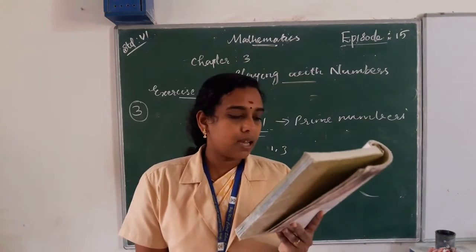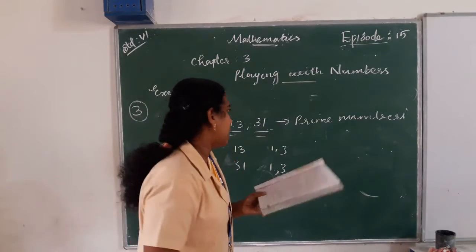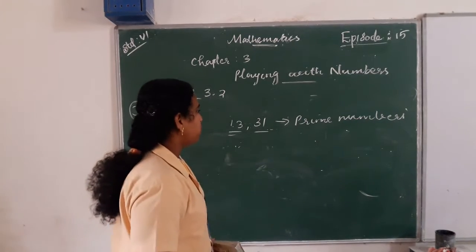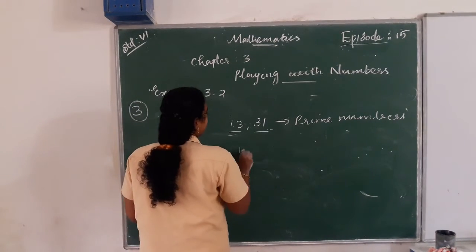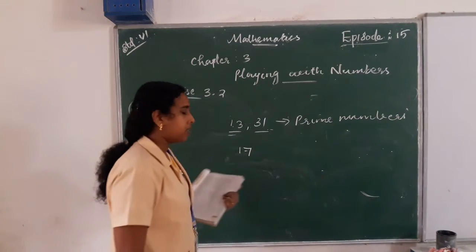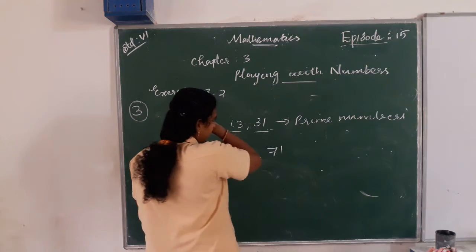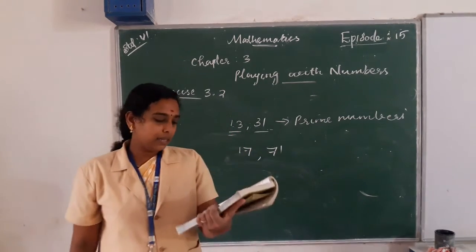And the question is, find such pairs of prime numbers up to 100. So 17 is a prime number and 71 is also a prime number. So 17 and 71 is a pair like 13 and 31.